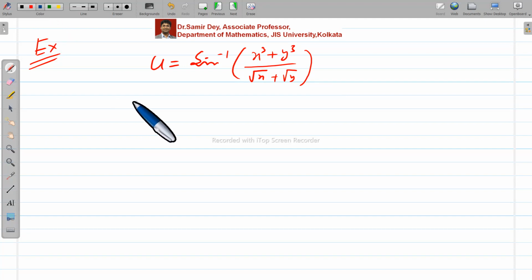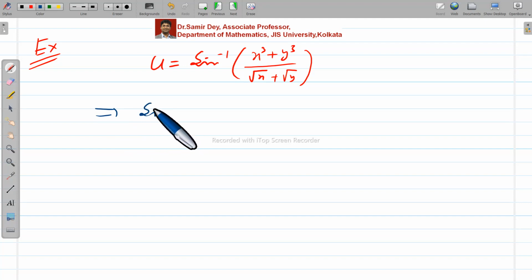First, try to understand that you can check with the previous example directly, because we can check with the formula. You need to take the inverse sine outside. Here you have u equals sine inverse of that expression. So you take it outside, and how to do that is very simple.